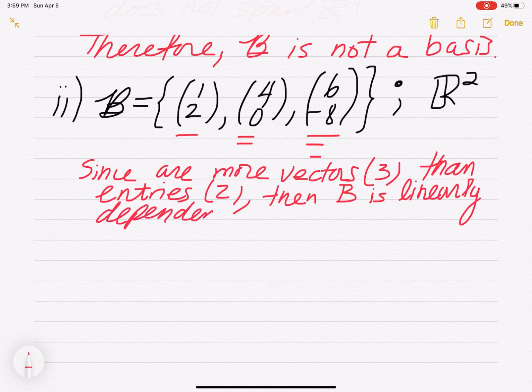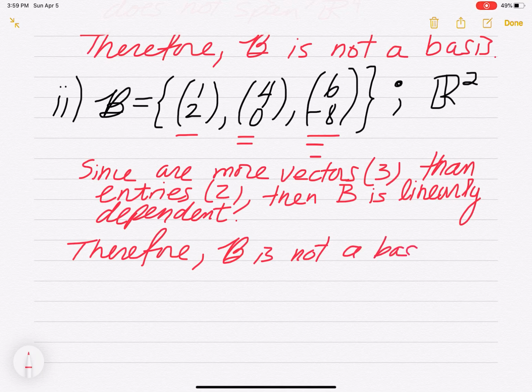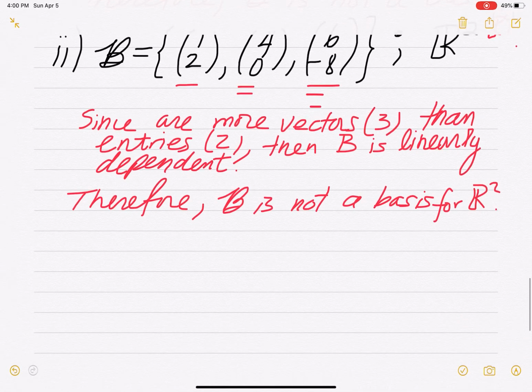That violates the linear independence criterion that we needed. So therefore, B is not a basis. You have to not only span R2, but also be linearly independent, and we don't have linear independence. We have linear dependence instead. I should have said for R2 here. And here I should have said for R4, I believe. Okay. All right, number 3.